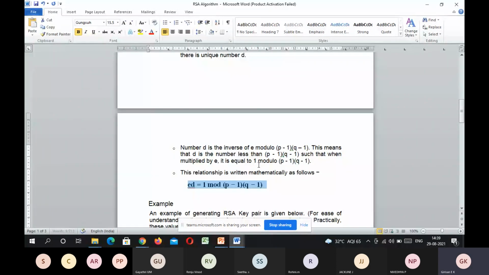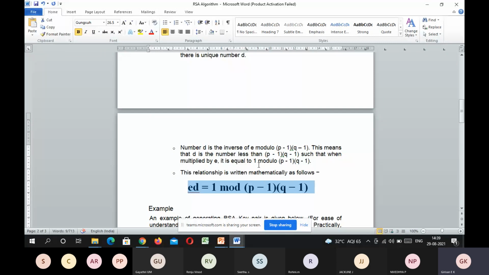So we are using modular arithmetic, Euler's totient theorem, etc. Those mathematical concepts are used here, where we must find the value of D from the relationship DE is equal to 1 mod (P minus 1)(Q minus 1).